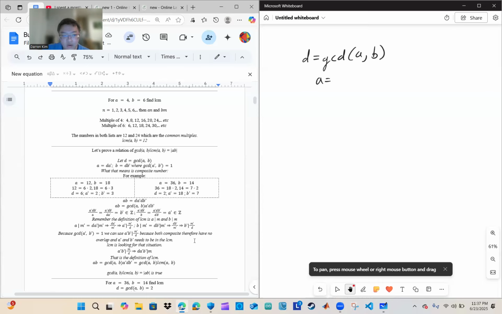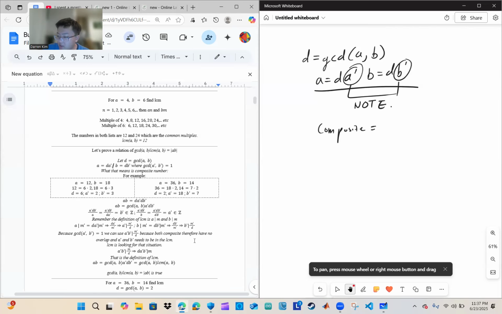Anyway, A equals d A prime and B equals d B prime, right over here. Now these over here, you're going to have to note this down. So I call it composite, but they're not really composite numbers, as you would find out.